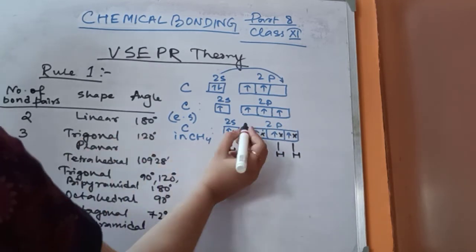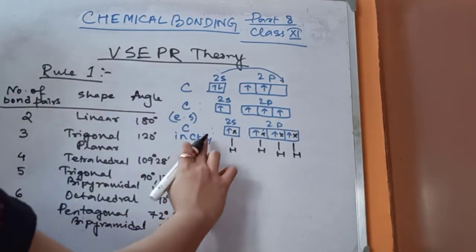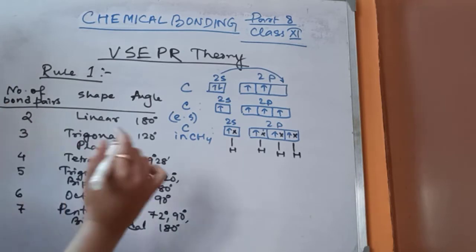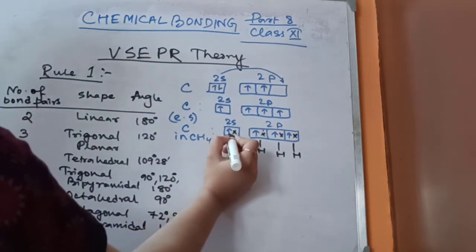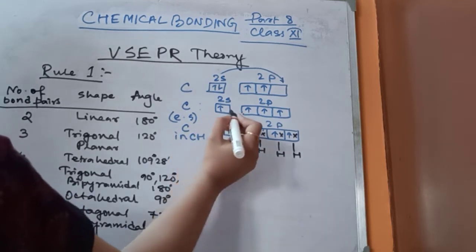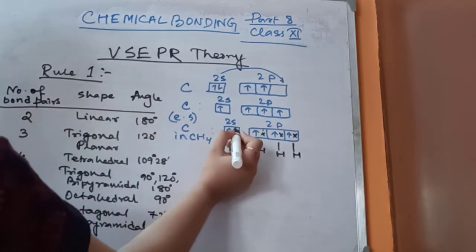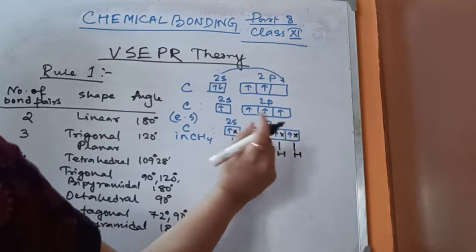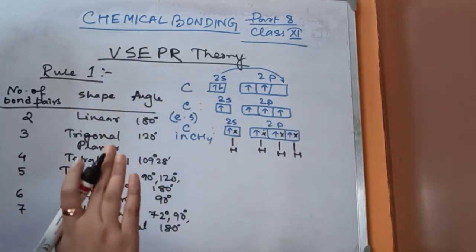As a result, 4 covalent bonds are formed, and these are known as the bond pairs. What are bond pairs? Bond pairs are those in which one electron is shared by the central atom and the other electron is shared by the constituent atom. There are 1, 2, 3, 4 bond pairs present.